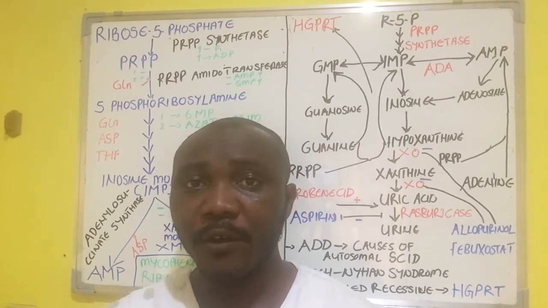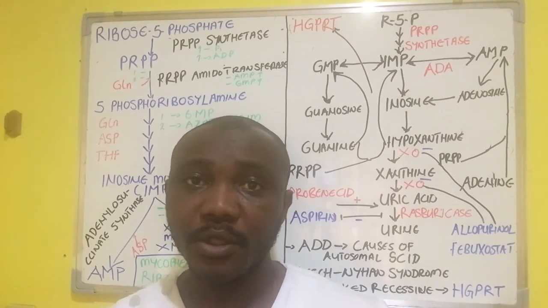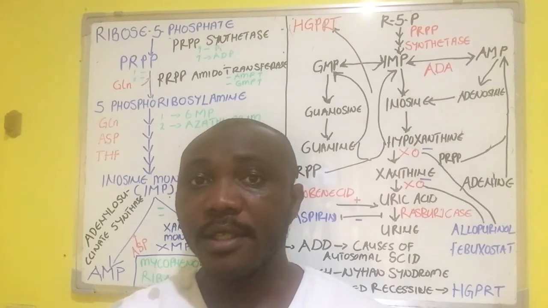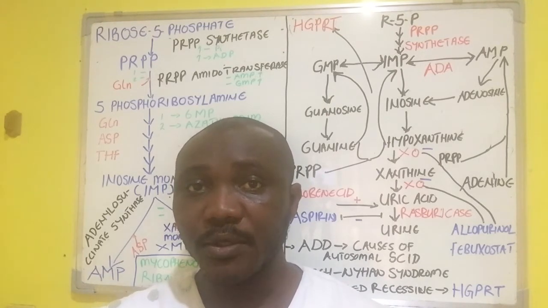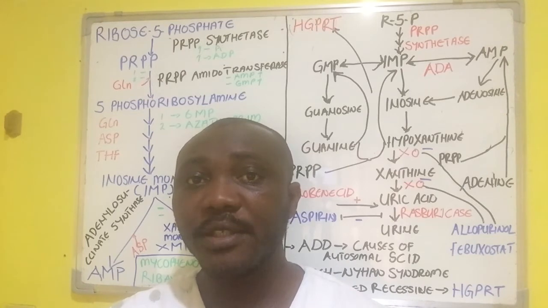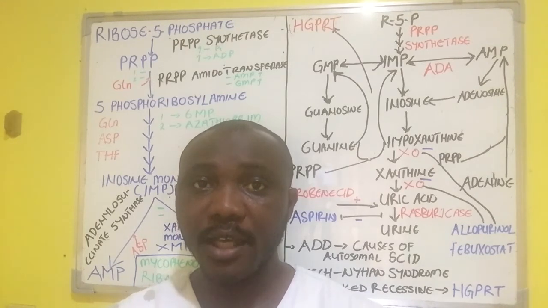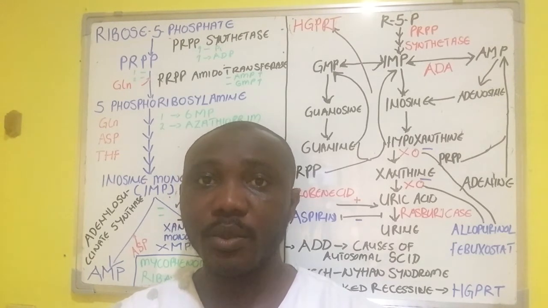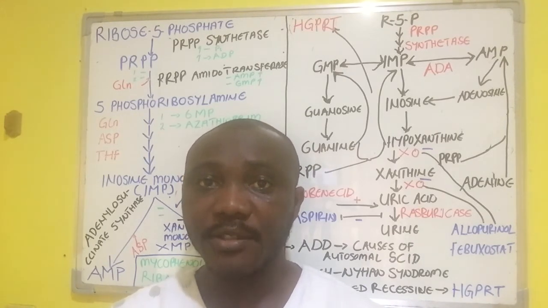Ribose 5 phosphate comes from the hexose monophosphate shunt. Then PRPP is converted to IMP, and IMP diverges into two tracks, AMP and GMP.